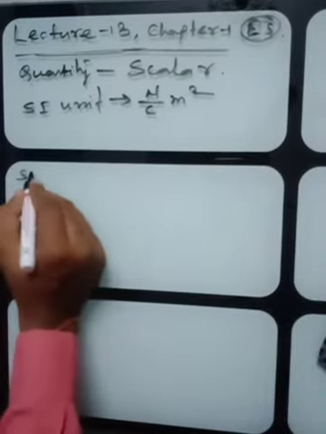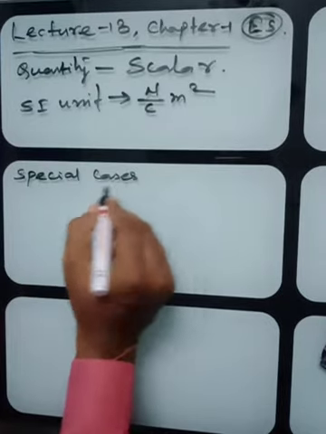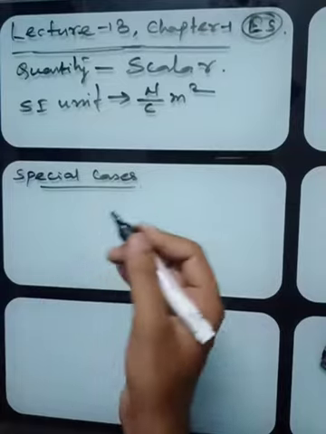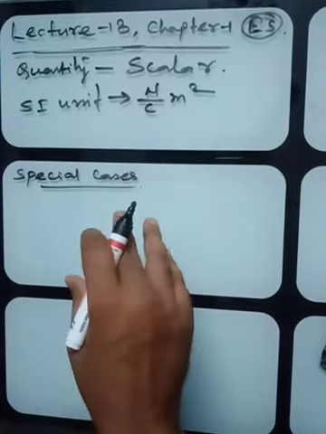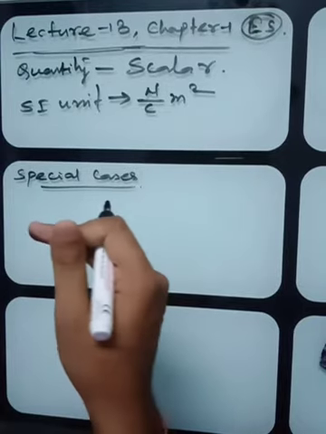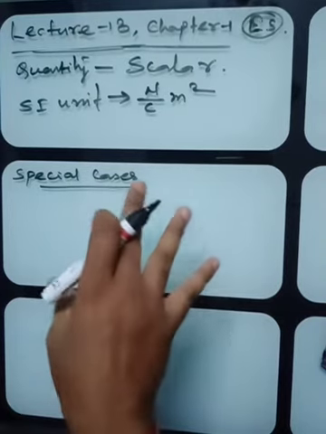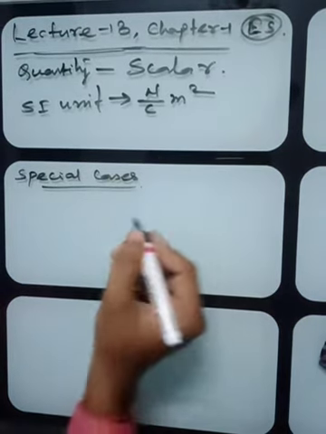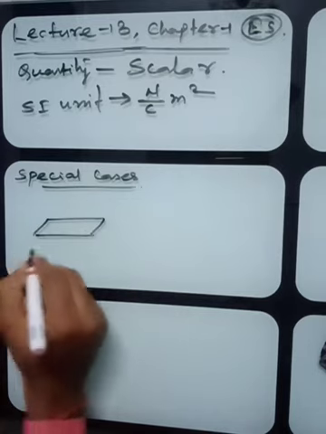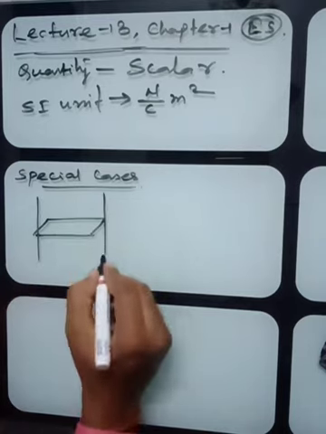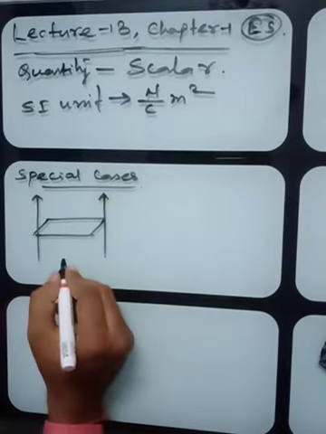So this will be the special case. I hope that you are in a position to give the answer, whether the flux is maximum, whether the flux is 0, or whatever it may be. This is the plate area, and the electric field is coming from downward.